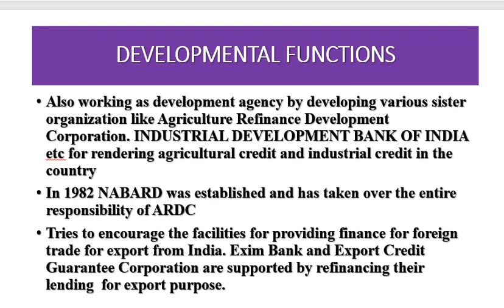In 1982, NABARD was established and took over the entire responsibility of ARDC, which deals with agriculture credit. It also tried to encourage foreign trade by providing finance for exporting from India. Exim Bank and Export Credit Guarantee Corporation are supported by refinancing their lending for export purposes.